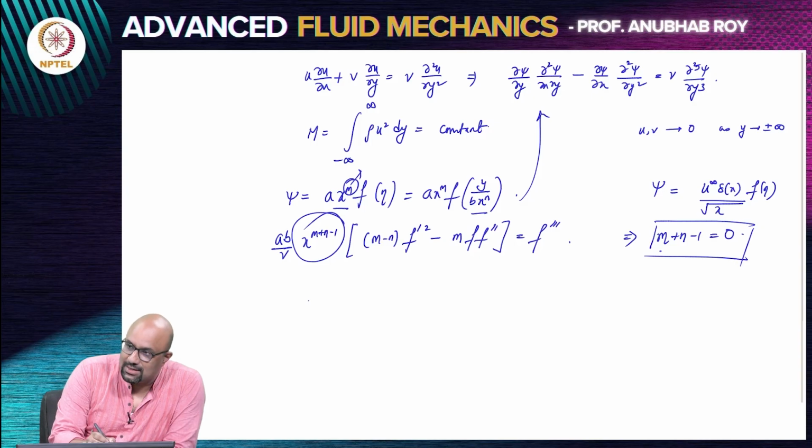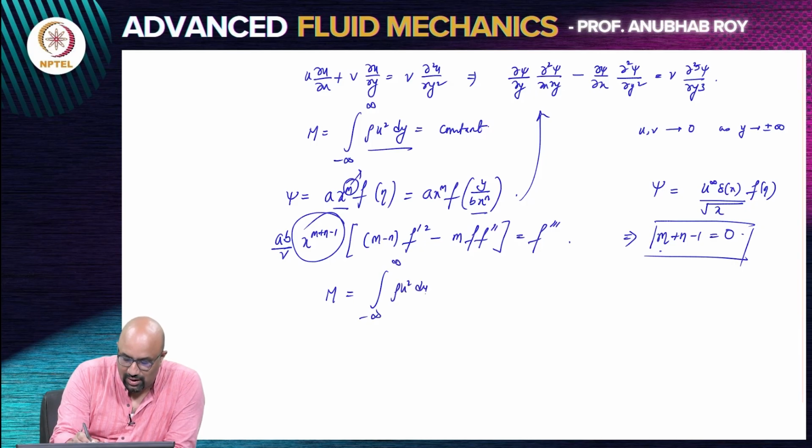Now, this gives us a little bit of a difficulty because we have managed to get a relation involving m and n, but we don't know them individually. So, we can't make any further progress. But the further progress is helped because I have this, where now I need to write this quantity rho u square dy should be independent of x, correct?